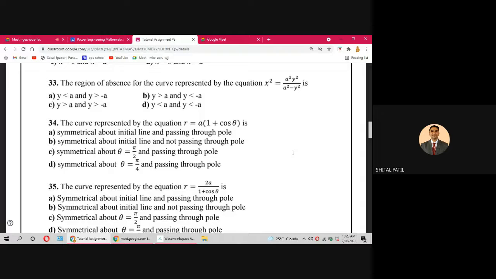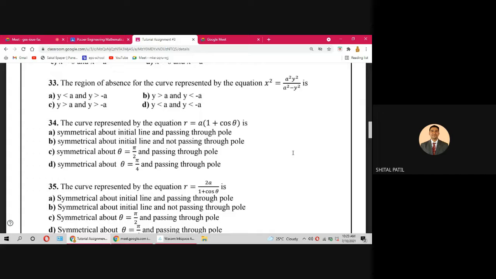Curve passes through pole if r equal to 0. लिख दीजिए. R equal to 0 implies a(1 plus cos theta) equal to 0. Implies cos theta equal to minus 1. Is it possible that cos theta is minus 1? Yes. Theta equal to pi.